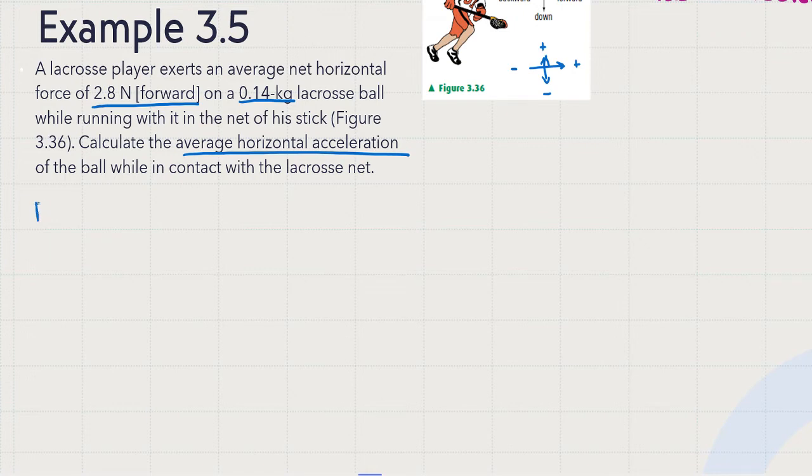So I have an F net because I am only given one force. I can assume that this is my net force. My mass is given to me, and it's in kilograms, so I don't need to convert that. And I know I'm trying to find my acceleration because it's asking for the acceleration.